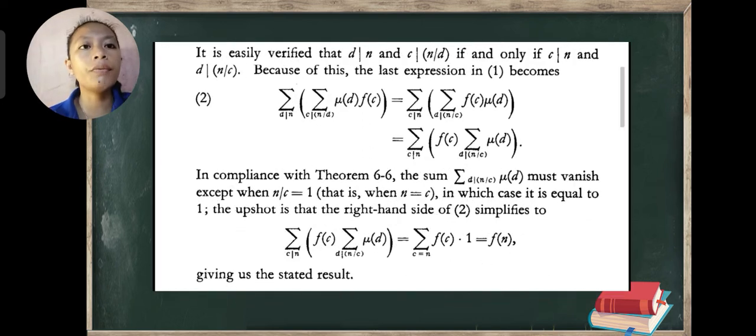It is easily verified that d divides n and c divides n over d if and only if c divides n and d divides n over c.